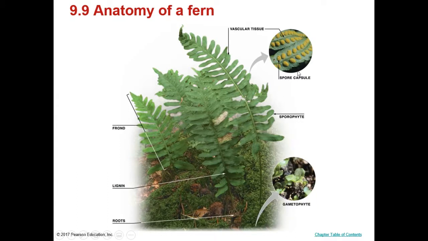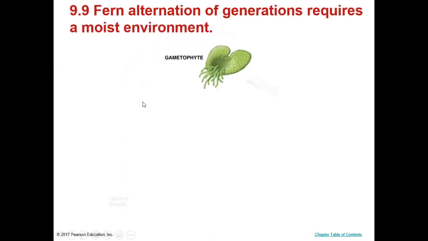They produce spore capsules where they store their spore cells that are haploid. Sporophytes are the diploid stages of ferns, and gametophytes are the haploid stages, right? They have roots, lignin. Fronds would be the petiole, if you will, with all of its leaves. That's what a frond is.